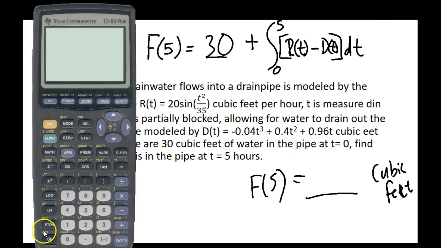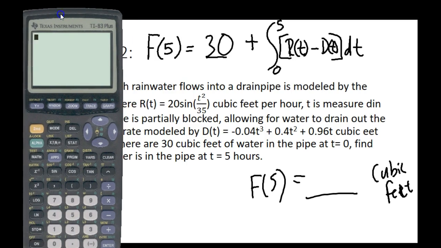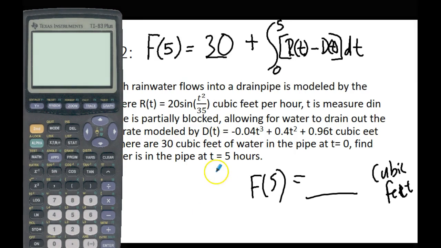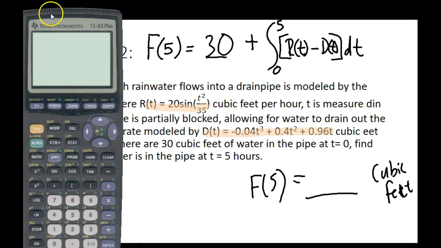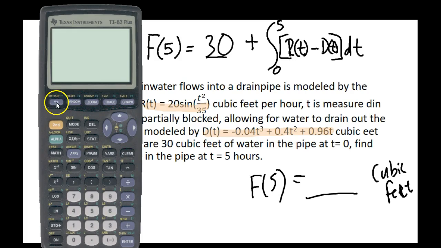So go ahead and turn on your calculators and clear them if they're not already cleared. So what I'm going to do is I'm going to store both of these functions, the R function here and the D function. I'm going to store those in my calculator. So let's all go press Y1 here, or Y equals. Clear out any functions that are in there already.